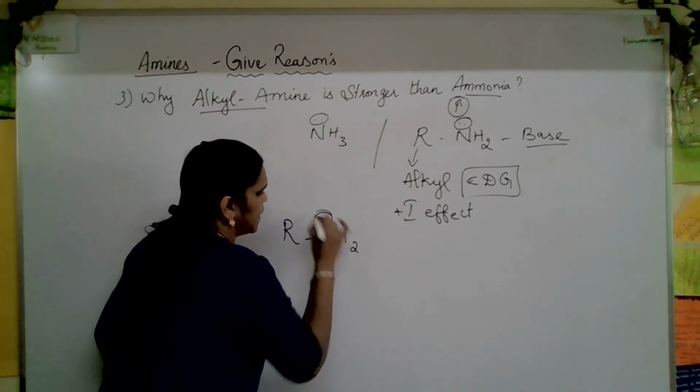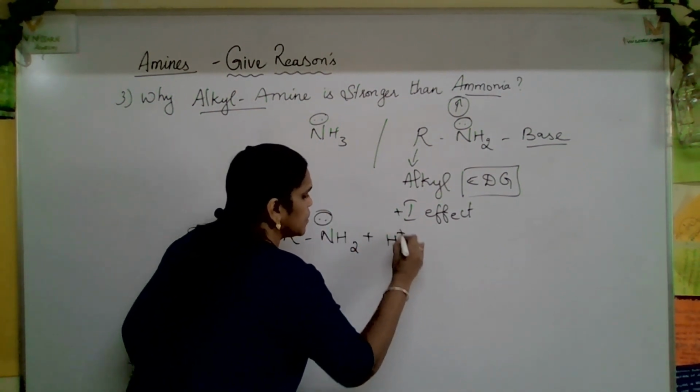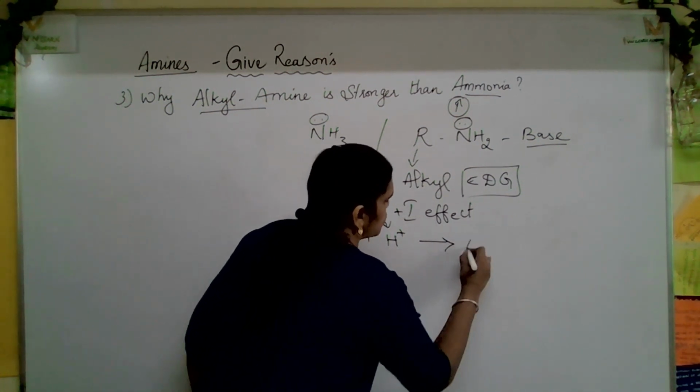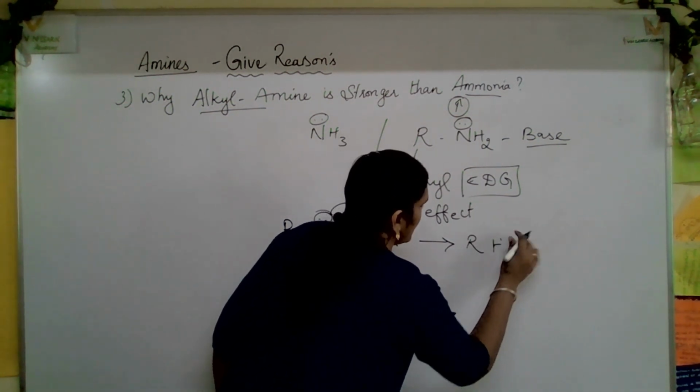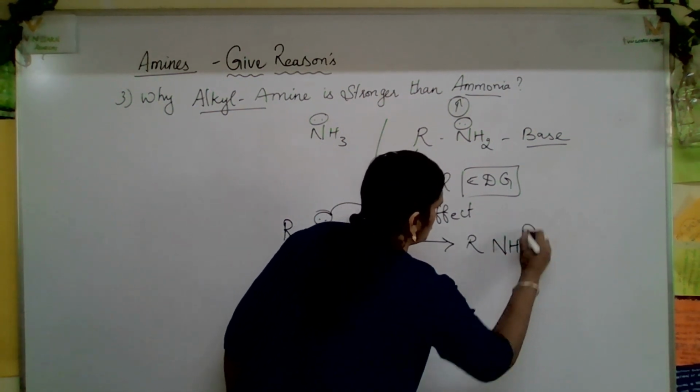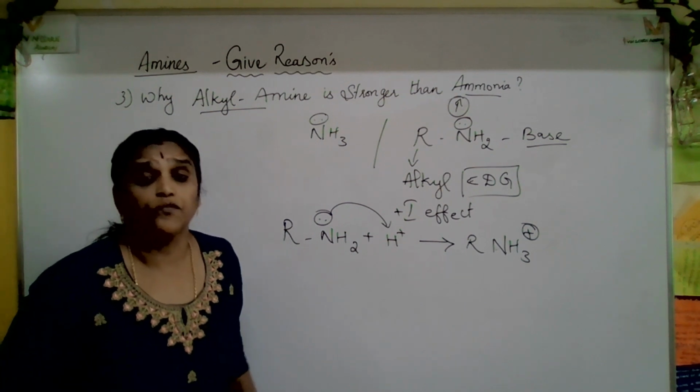So it is ready to donate the electron to the proton. RNH2, with its lone pair of electrons, combines with the proton and forms RNH3 plus, a cation formation.